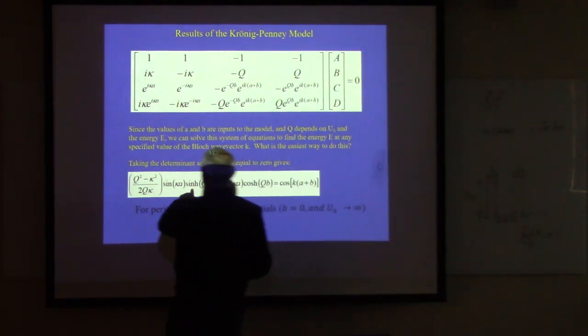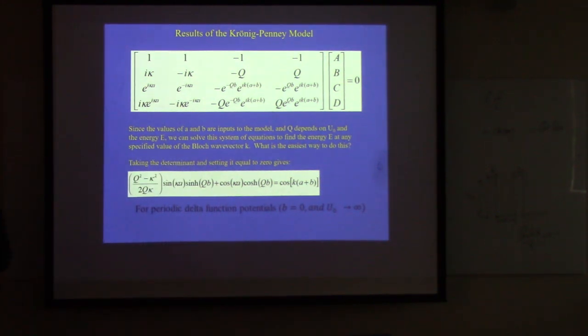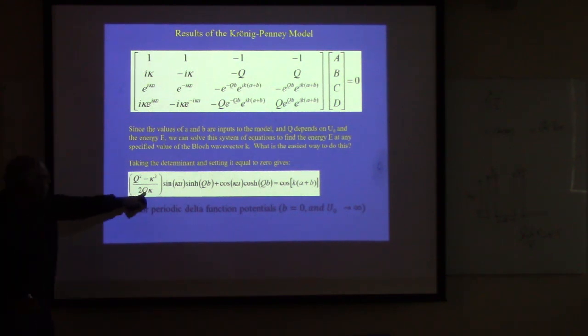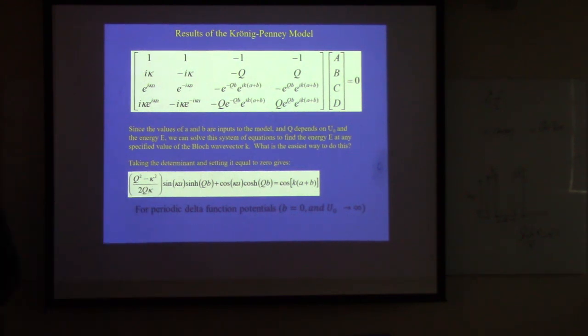I will write this sinh qb. I write qb here, so then this q is there, there's no b, so I have to put b upstairs.